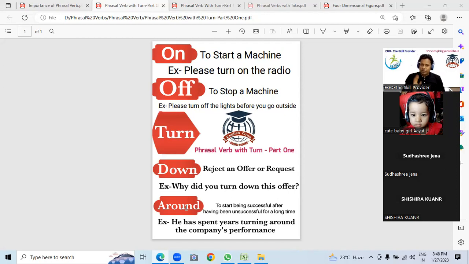You are no way able to make it a successful or profitable venture. So you find a good CEO, suppose this CEO is the right person who can turn around my company. Turn around means the company was unsuccessful initially and you are trying to turn it around, making it a profitable venture, from unsuccessful to successful one. Look at the meaning.